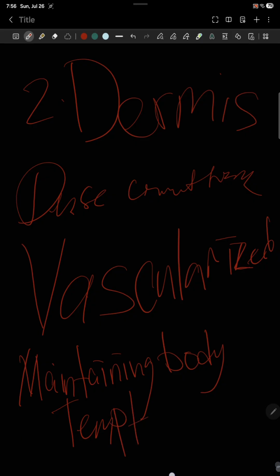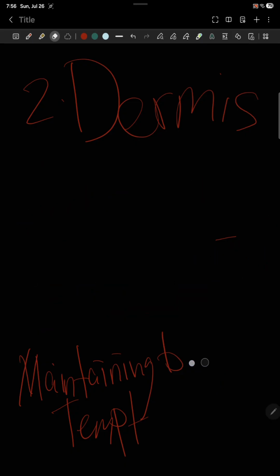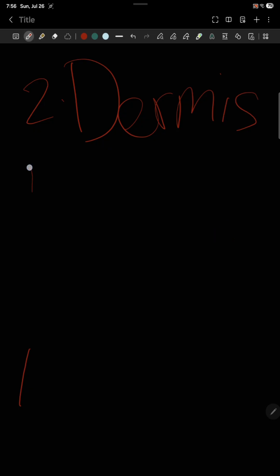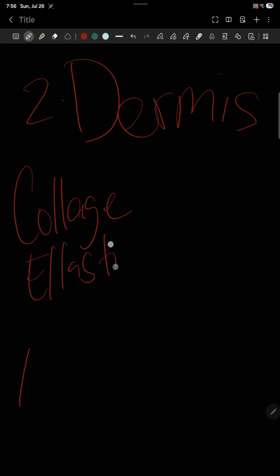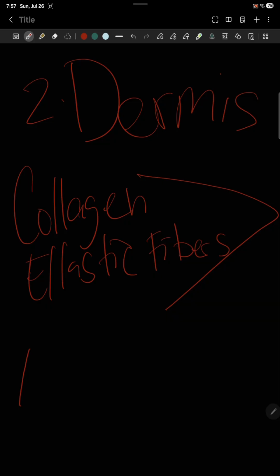Yes. So, collagen and elastic fibers are mainly found, kaning si collagen ug si elastic fibers kay makita ni nato siya sa atong dermis, no, throughout the dermis.